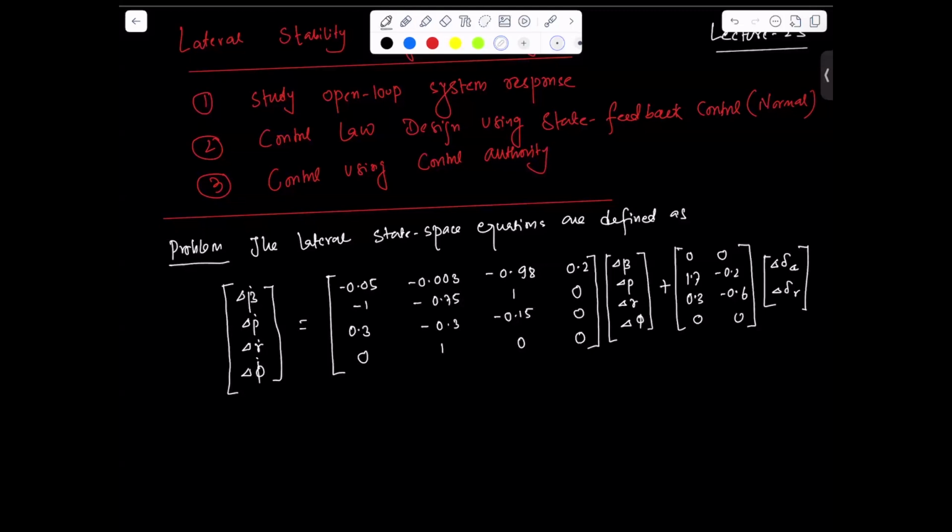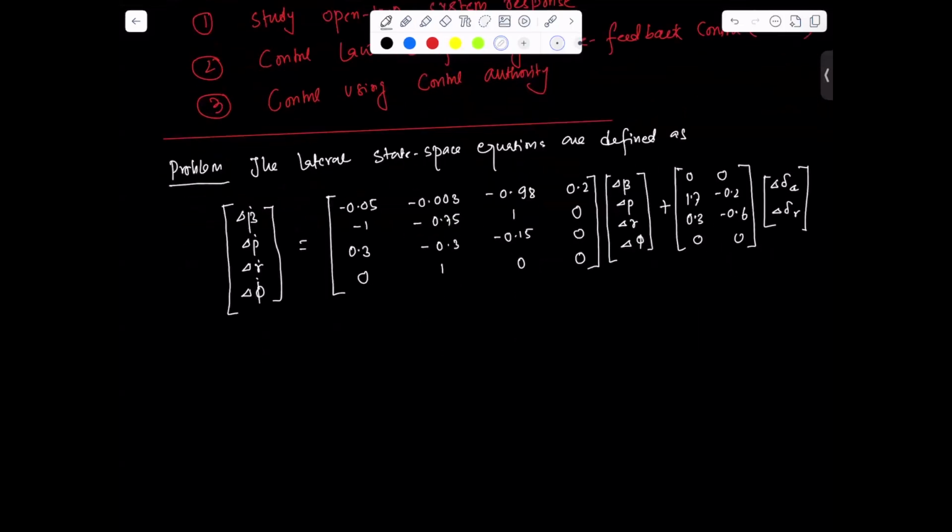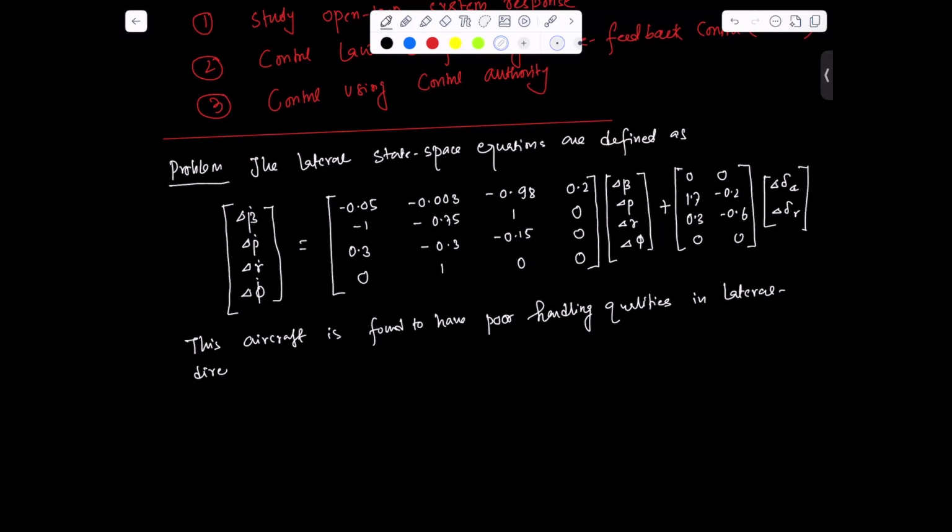And here, the question is, this aircraft is found to have level 4 handling qualities. Why is it level 4 handling qualities? We will discuss these qualities in lateral directional.